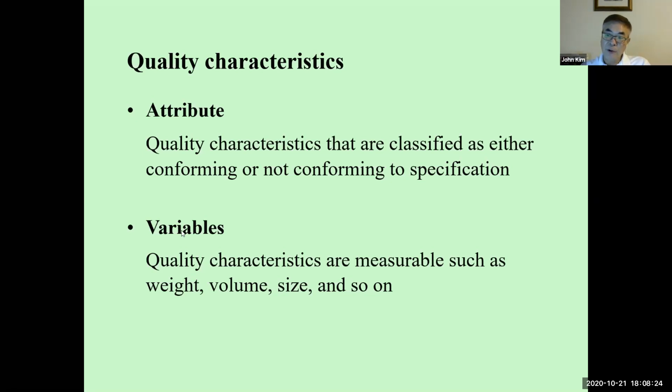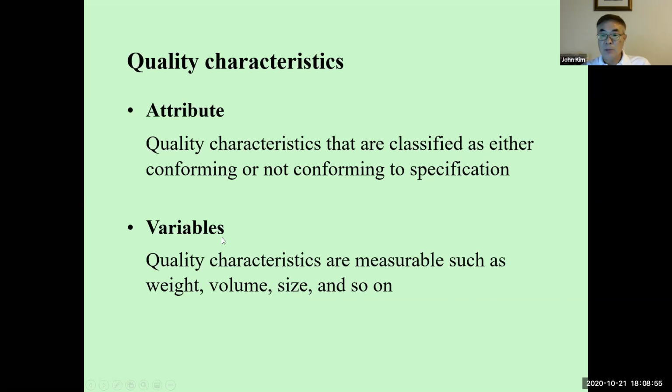And then variables, in statistics we call it a numerical variable. By the way, an attribute is also a kind of number, but by counting. So test 100, then among them, how many are defects? 1, 2, 3, 4, 5, we can count. Variables are weight, volume, size, and so on.